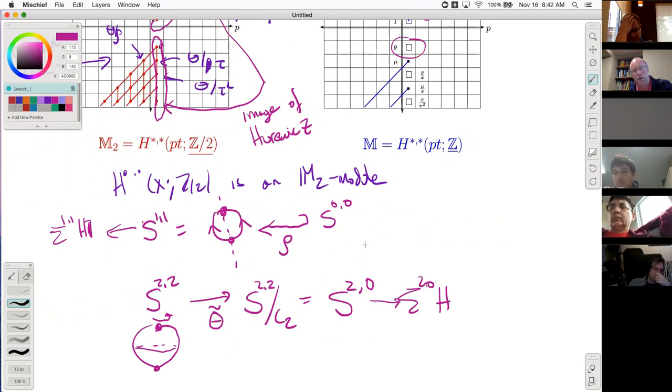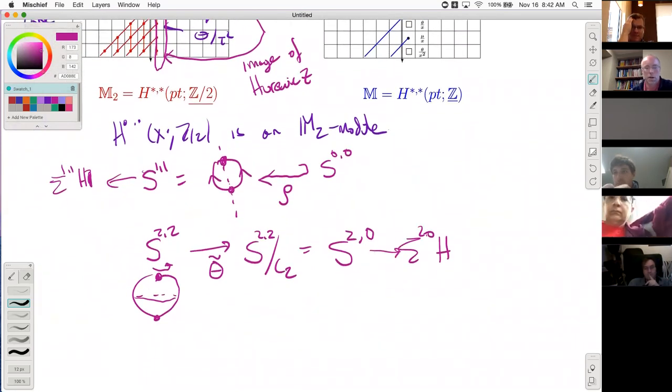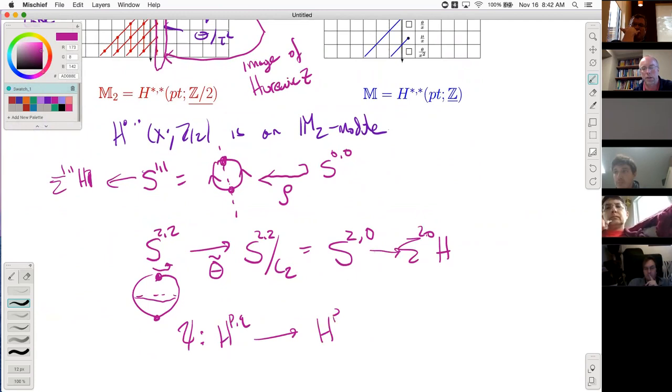And the one thing I want to call your attention to, so there's a forgetful map from the H^{p,q} groups into ordinary H^p groups. This is classical singular cohomology where I forget all the equivariant stuff. When I take theta tilde, this is a map from S^2 to itself.